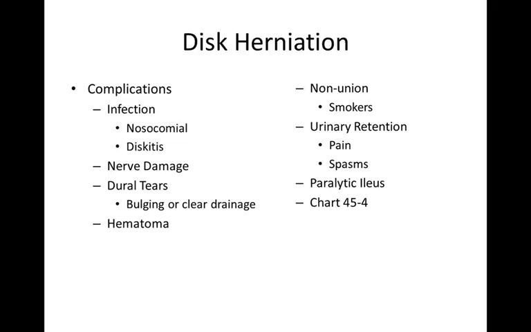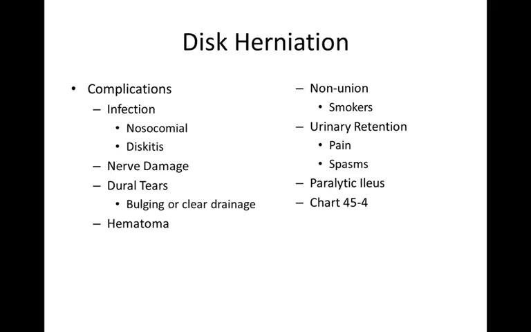They can develop a hematoma, and this is real common, especially on the cervical, the anterior cervical discectomies. So you want to watch for the trachea, making sure the trachea is midline, they're not having any tracheal deviation, and that you don't see a hematoma forming. Again, you want to encourage them to quit smoking to promote healing.